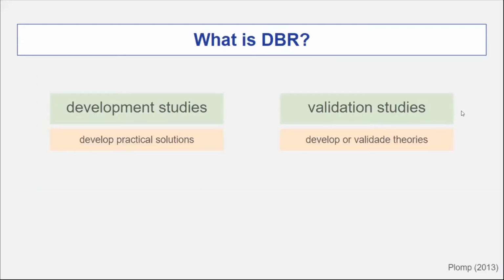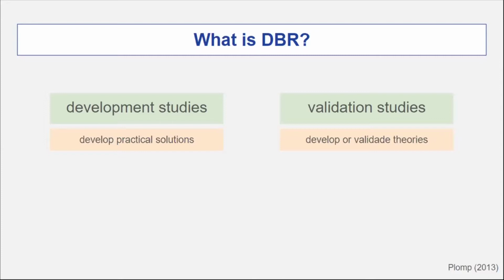Two possible purposes of DBR can be identified, and depending on the purpose, we may distinguish between development studies and validation studies. In development studies, the purpose of DBR is to develop research-based solutions for complex problems in educational practice.